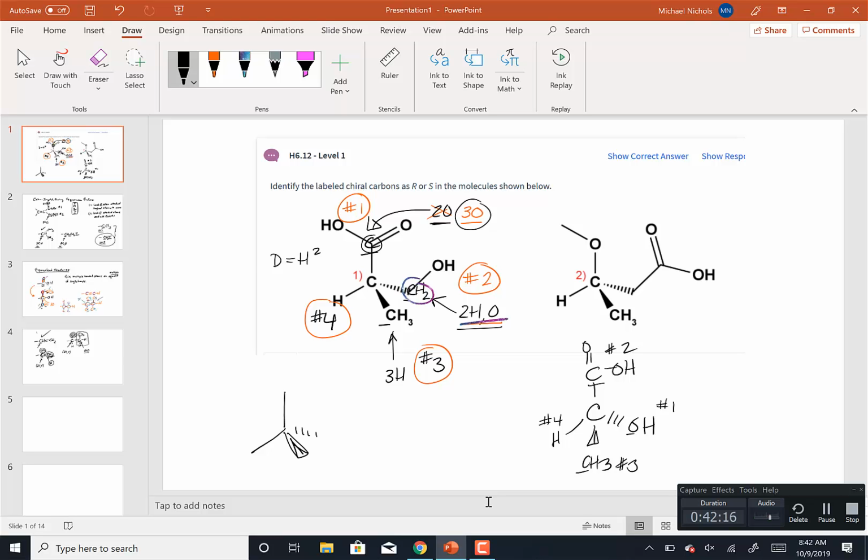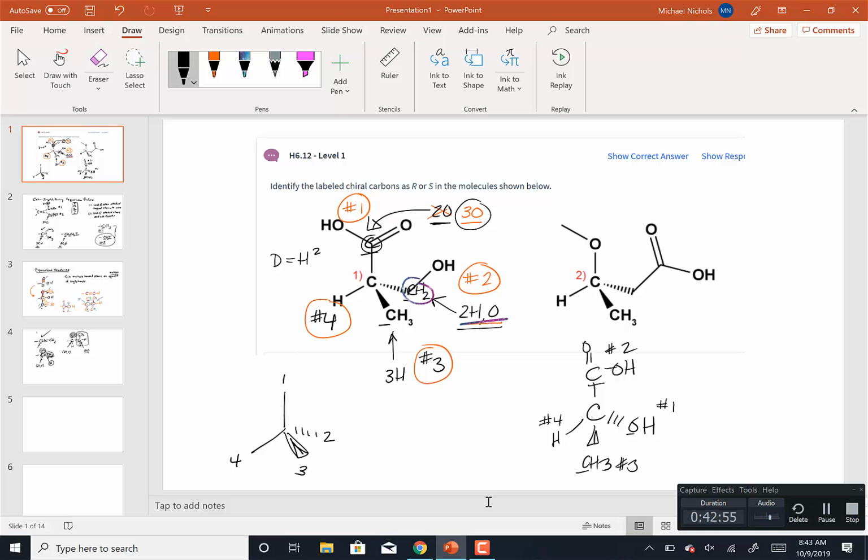I usually rewrite these with just the numbers in place, because ultimately when you determine the numbers, it's now about manipulating numbers, not about manipulating groups. So in order for me to determine R and S, those are the 2-handed forms of that carbon. Any carbon that has 4 different groups attached to it has the ability to be in a left-handed form and in a right-handed form. That's what chiral means, literally translated as handedness.